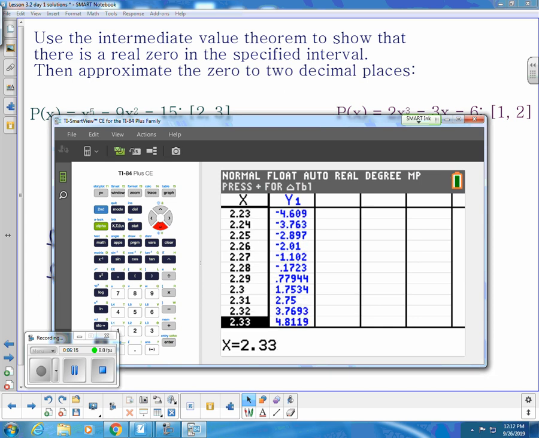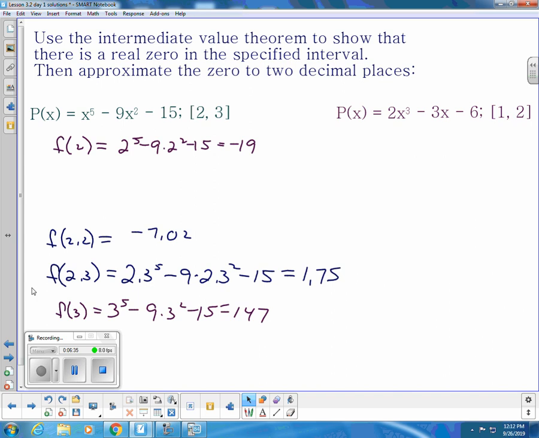Between 2.28 and 2.29. So you can narrow that and estimate it. And is it closer to 2.28 or 2.29? 2.28. So it'd be like 2.281. Okay? Does that make sense? All right. Not going to worry about doing the second one. Moving on.